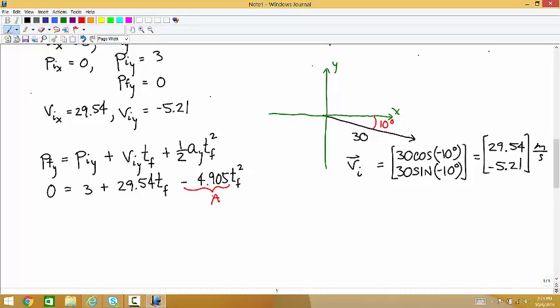So there's A, there's B, and there's C. Anyone have any questions about how we know that needs the quadratic formula? So if you're trying to solve for a variable that's squared, and you also have just the variable by itself in a different term, then the quadratic formula is a good way to go.